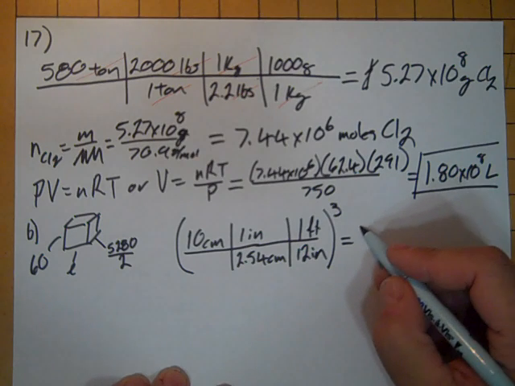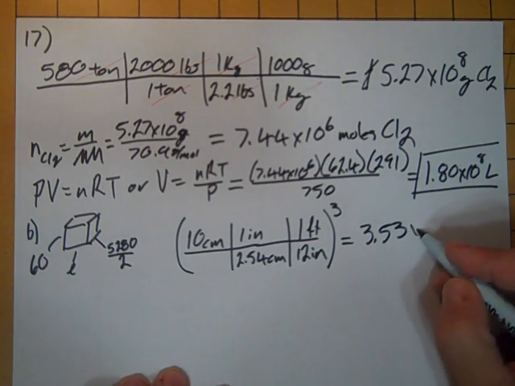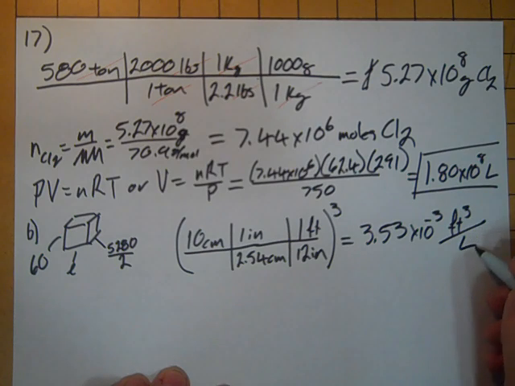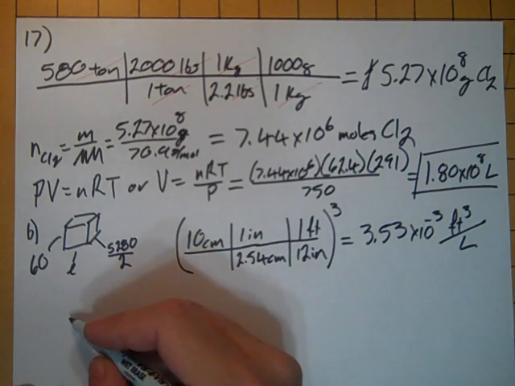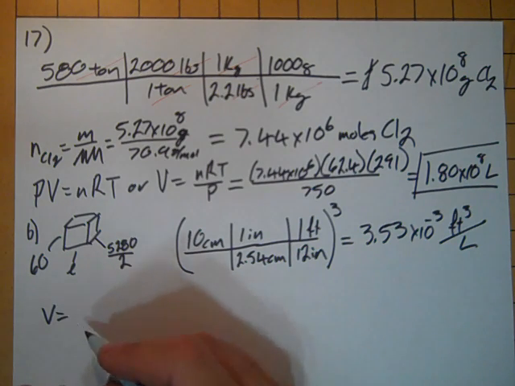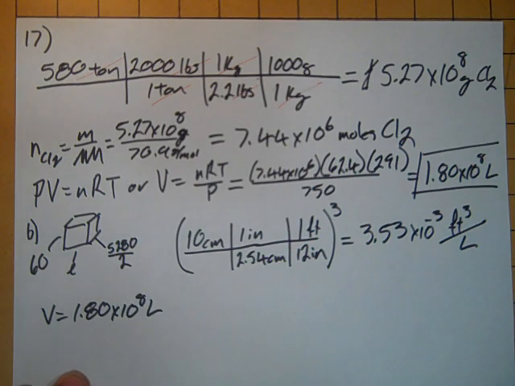And this turns out to be that there are 3.53 times 10 to the minus 3 cubic feet per liter. Well, my volume was 1.80 times 10 to the 8th liters.